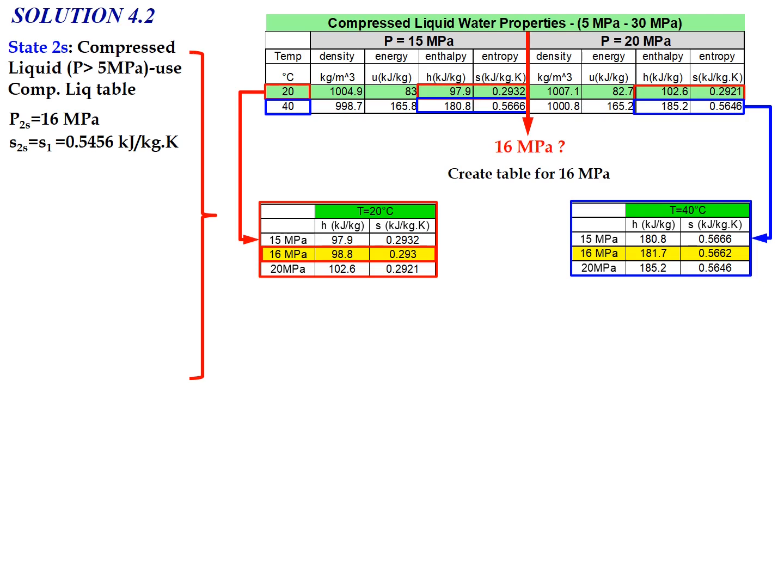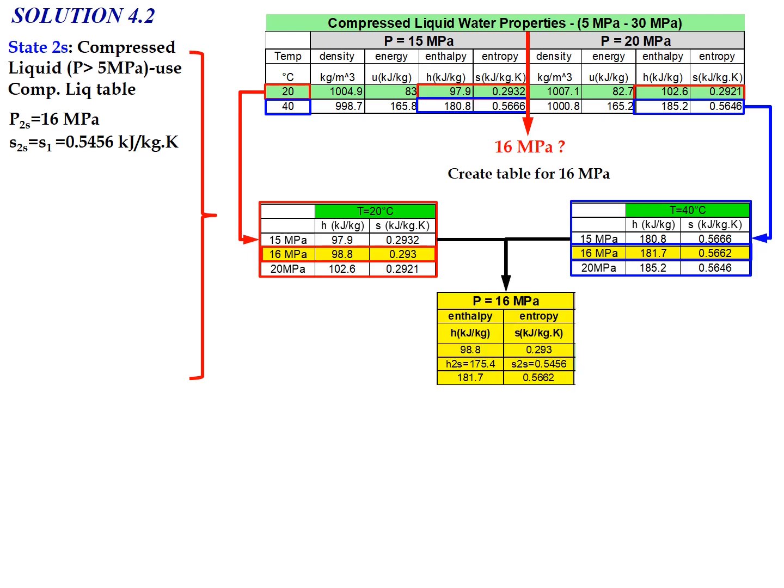By using the interpolation, we can determine the value of enthalpy and also entropy at 16 megapascal with the temperature of 40 degrees Celsius. Okay, so now we already have the data for the pressure of 16 megapascal in terms of enthalpy and also entropy. So we rearrange the data.